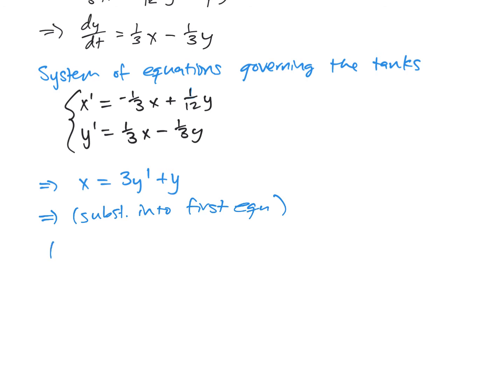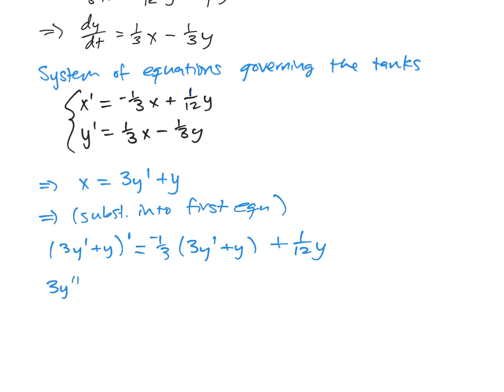So we get x prime is going to be 3y prime plus y, that whole quantity prime, right? Equals negative 1/3 times 3y prime plus y, and then plus 1/12 y. And let's just work this through.